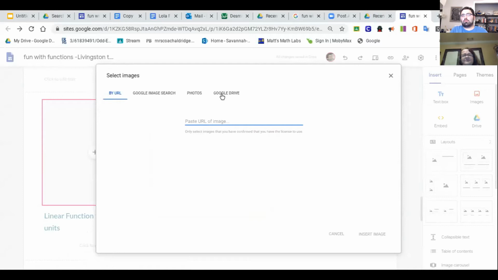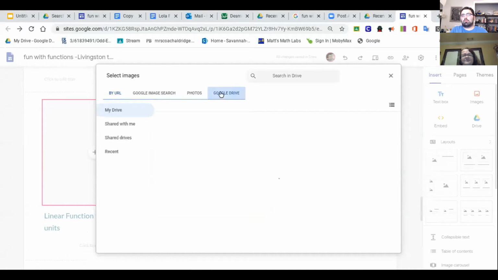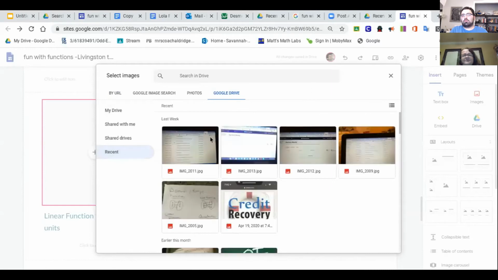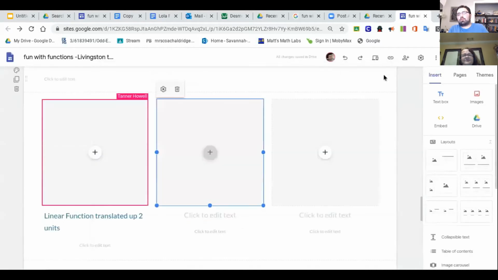I guess I could put it in your Google Drive. That might be another quick way to do it. If I put it with my Google Drive, then that was another one. I should have done that. So let's go back. But that's another quick way to do it, I guess, is, let's see.